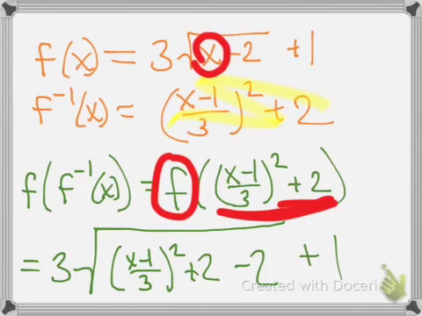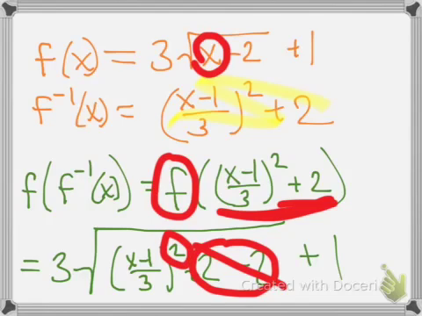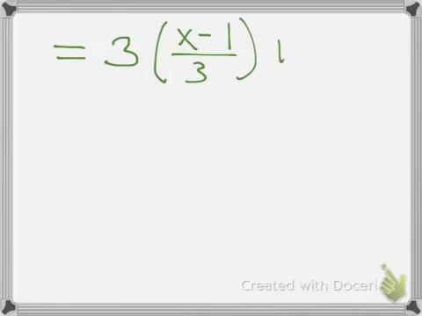Now from here, hopefully you can see that these are going to cancel. And then hopefully you can also see that this square and this square root here are going to cancel. So I'm left with 3 times x minus 1 over 3, plus 1.